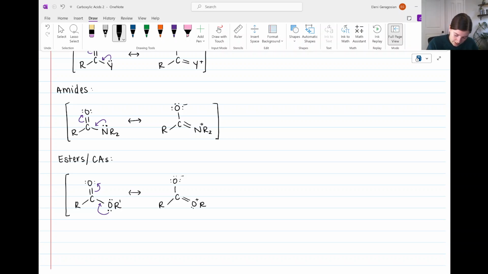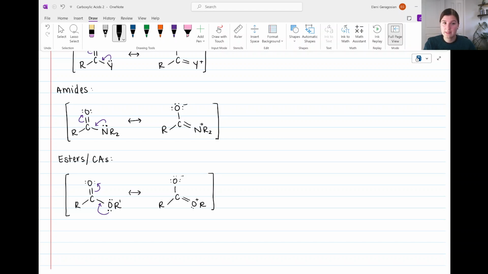And this results in a positive charge on one oxygen, negative charge on the other. So we already can now compare the reactivity of amides and esters / carboxylic acids. Now we said amides are less reactive than esters and carboxylic acids. And this resonance can help explain why that is the case.